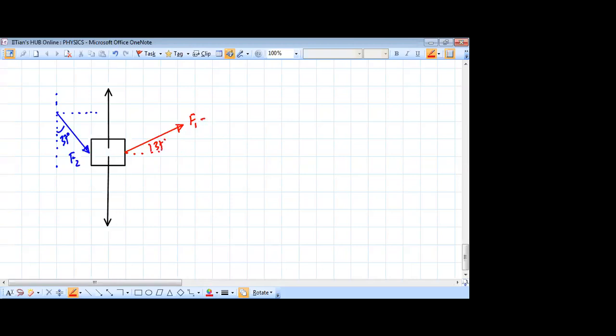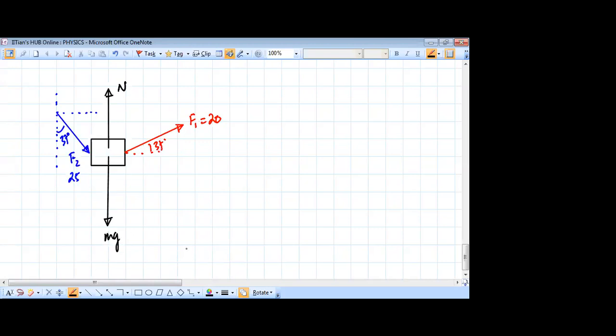And of course F1 is 20 newtons. F2 is 25 newtons. Then we have the normal reaction and we have mg.